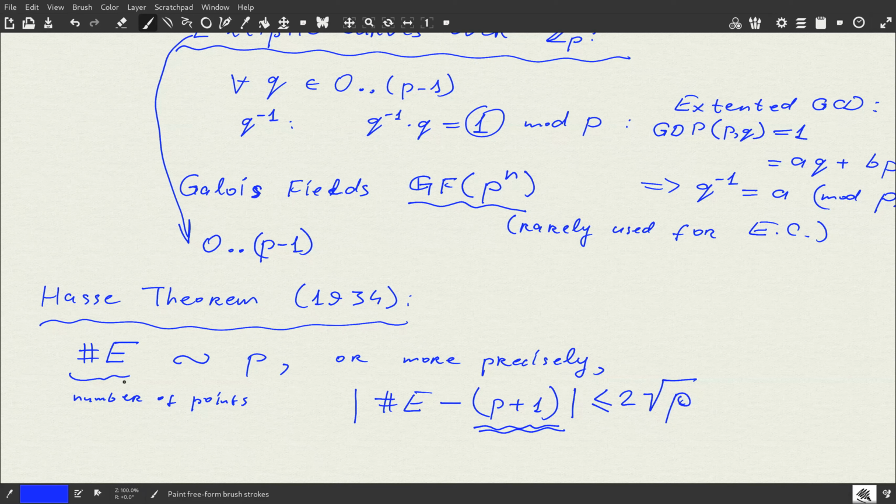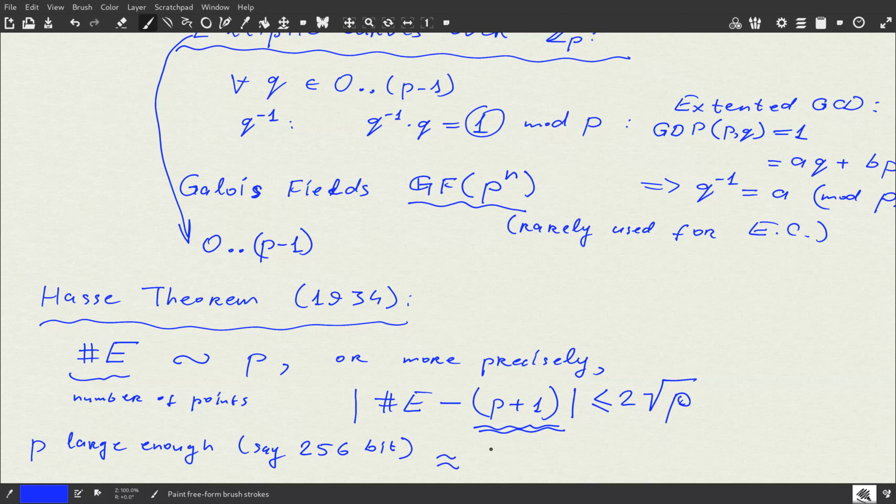And this means that if we have p large enough, what is p large enough? Say 256 bit, not around 256, but 256 bit.